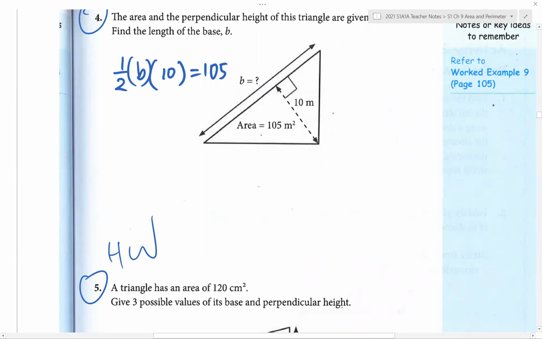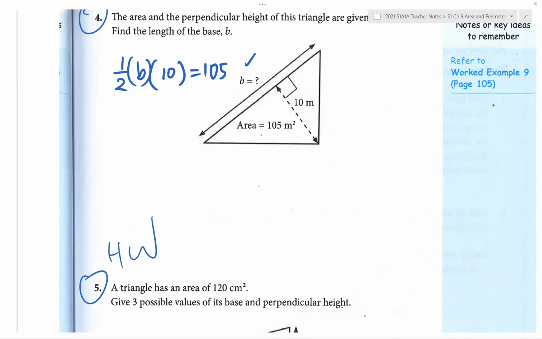So what then is the next step? Five. Okay, where did the 5 come from? Did you say 5B? Where did the 5 come from?